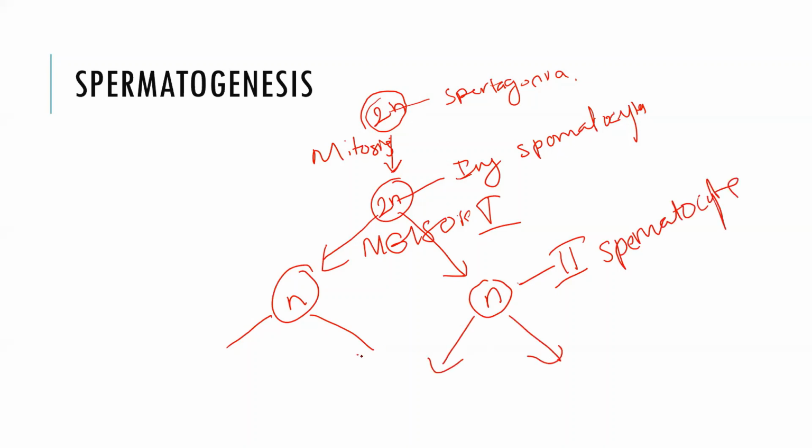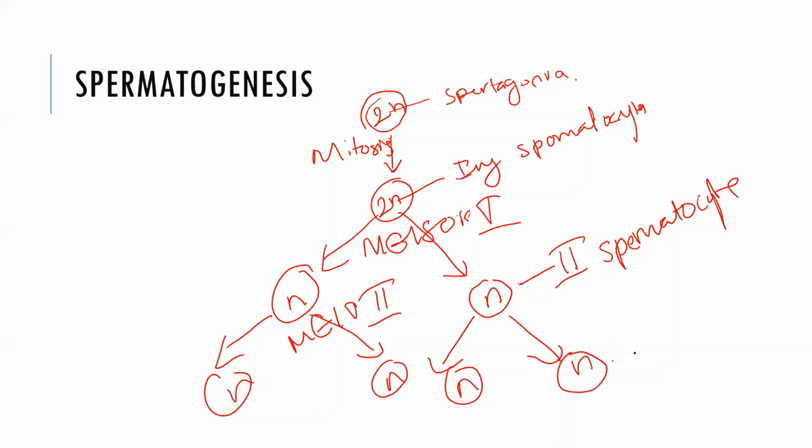And these cells undergo meiosis 2 and form 4 haploid cells. These are called spermatids. These spermatids undergo some changes and finally form sperms.